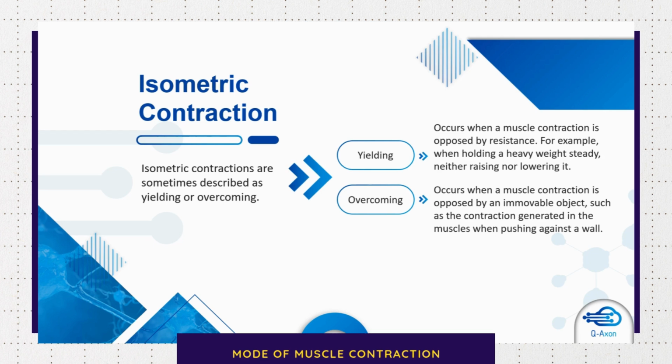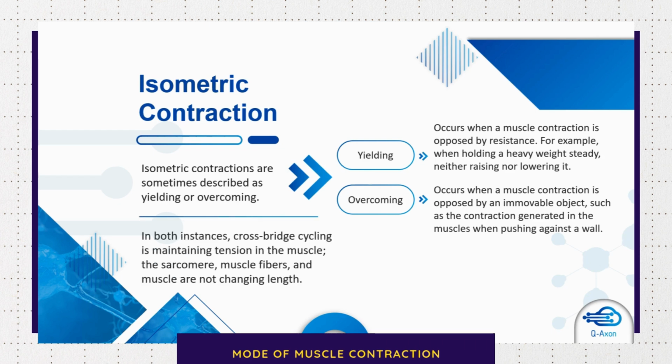For example, if you're trying to push a wall, the wall is an immovable object. No matter how much you push, you will only generate more and more tension in your muscle, but you cannot push the wall. It is unyielding. So this is an example of overcoming type of isometric contraction. Now in either case, the length of the muscle remains constant. It is only the tension which increases.